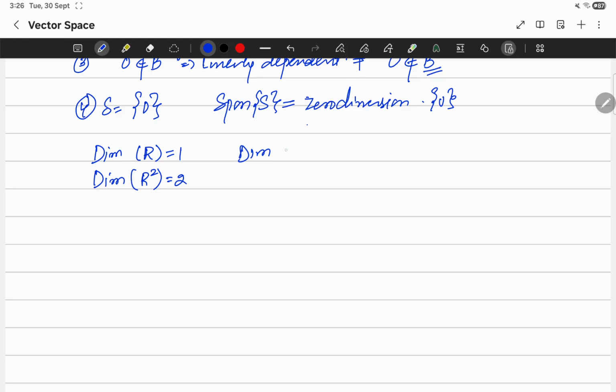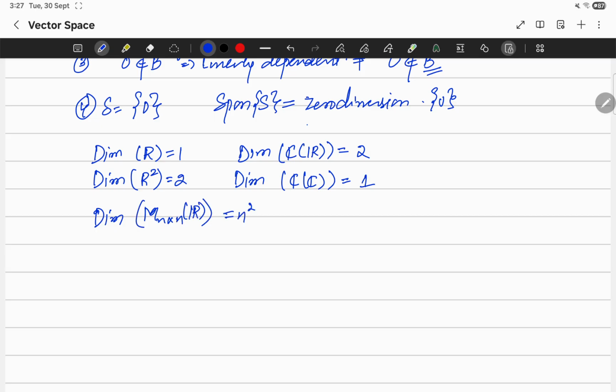Similarly, the dimension of C over R is equal to 2, and the dimension of C where the field is also C is equal to 1. Remember this. Similarly, the dimension of n cross n matrices over the field R is n squared.